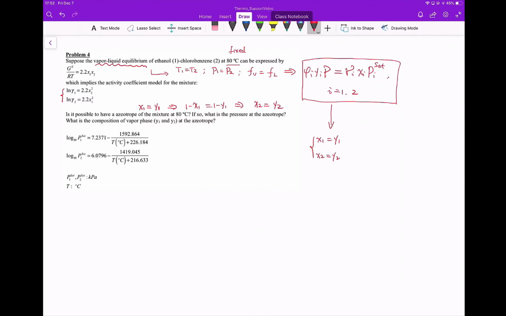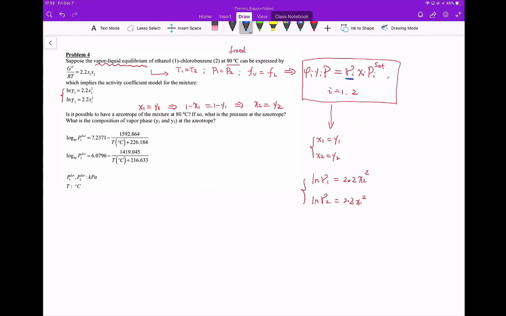And it looks like the activity coefficient is provided, so that further confirms that we need to worry about the activity coefficient for the liquid phase.